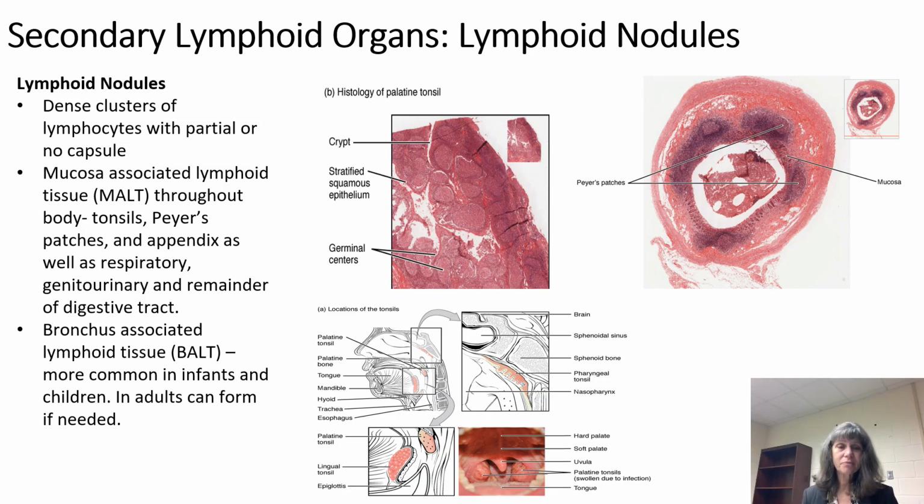And so those are going to have crypts, which are basically crack-like openings that go deep into the tissue, so that as they're surrounded by the lymphoid nodules, those white blood cells can actually take a closer look at pathogens.